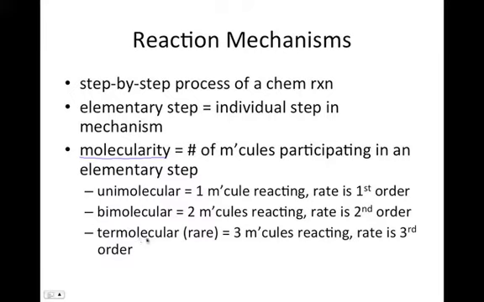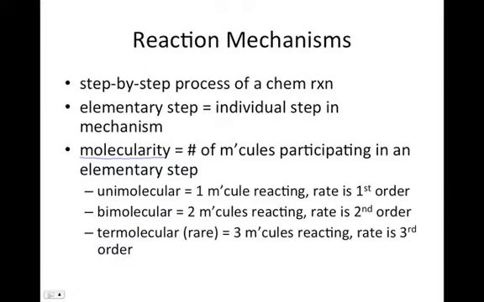You can have a termolecular, I guess maybe tetramolecular, or quadmolecular. I don't know what fourth would be, but that would be even more rare. And the reason it is so rare to have a step that requires the reaction of three molecules is because, think about it, these three molecules all have to hit at the same time and facing the right direction in order to react.